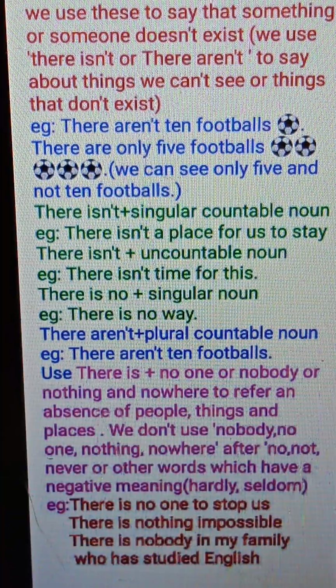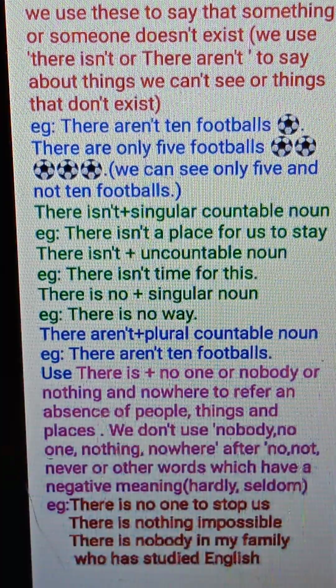After there is, we use these, and if we use these, we don't use no or not or never or other words which have a negative meaning, hardly, seldom, like that. I'll explain again.